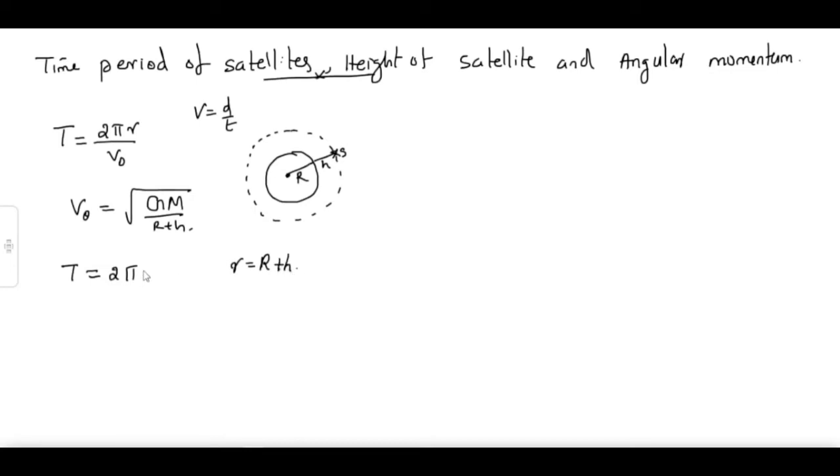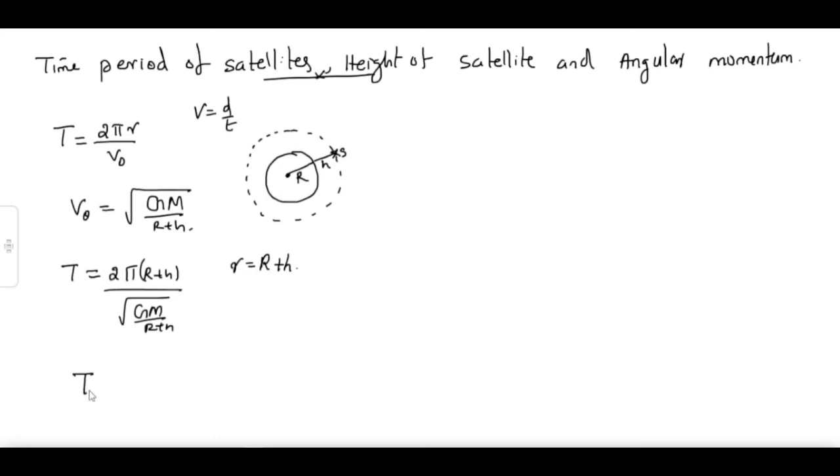So we can write here 2 pi into small r. Small r means the radius or the distance between earth and the satellite. So distance between earth and satellite means what? We are taking from the center of the earth. So 2 pi into R plus h all divided by VO. What is VO? Square root of GM divided by r plus h.